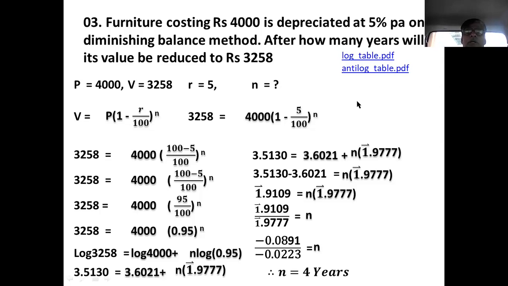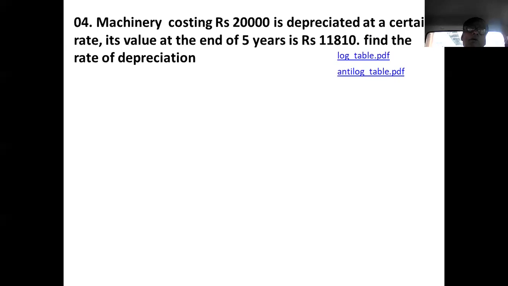Okay, next you see the next problem. I would like to take on the rate. In this problem I calculated the period. In the next example I'll take the rate of depreciation. One problem I'll take on rate of depreciation. You see this problem. Machinery costing rupees 20,000.